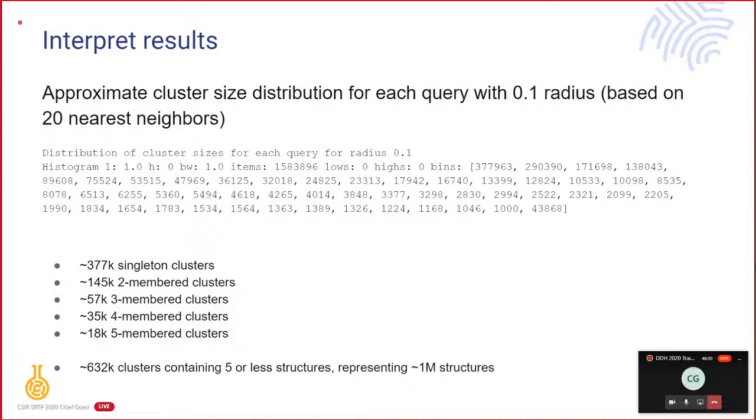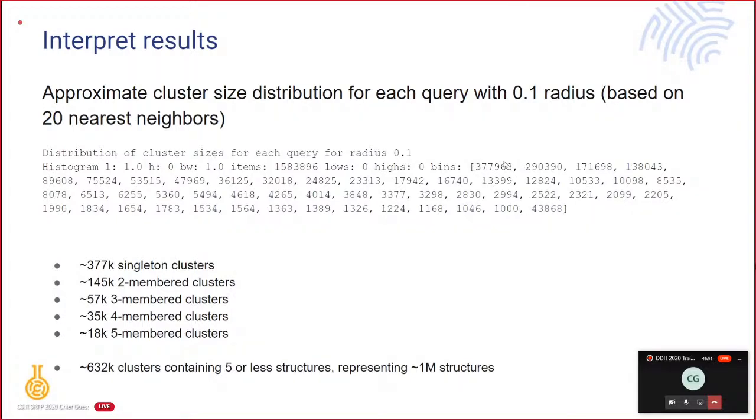For example, if we choose a somewhat conservative cluster radius of 0.1, then the distribution of the cluster sizes can be seen here.